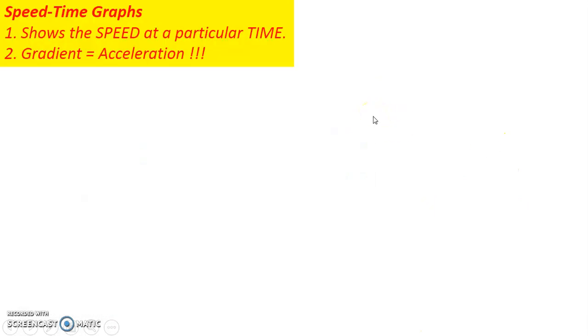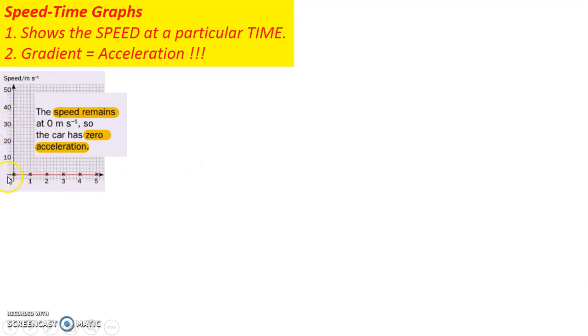Just a recap for speed time graphs. A speed time graph shows two things: the speed at a particular time and, more importantly, the gradient gives me the acceleration. First scenario: the line is horizontal.